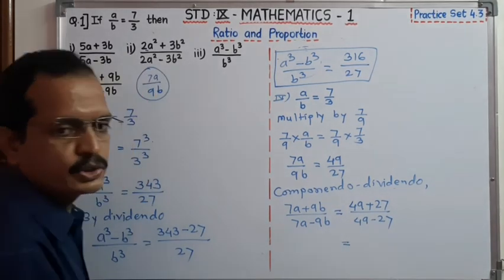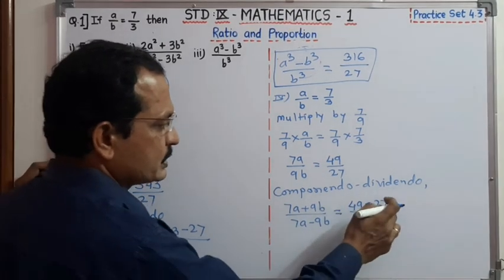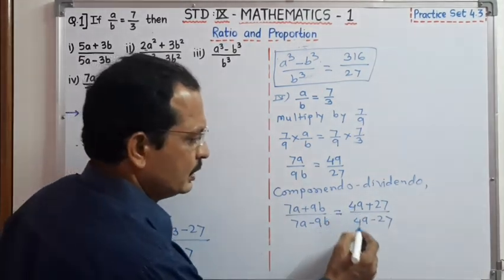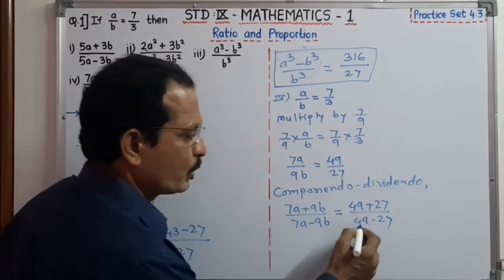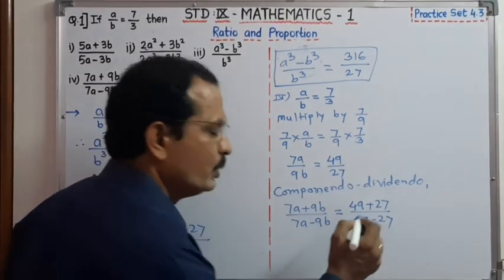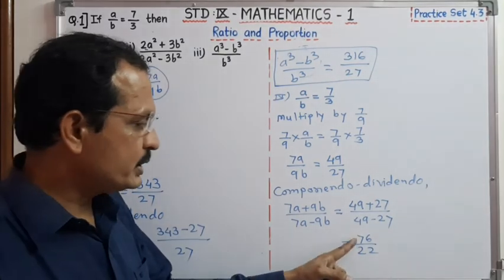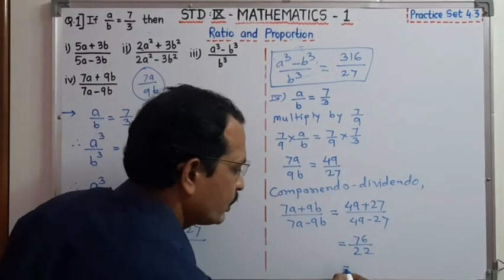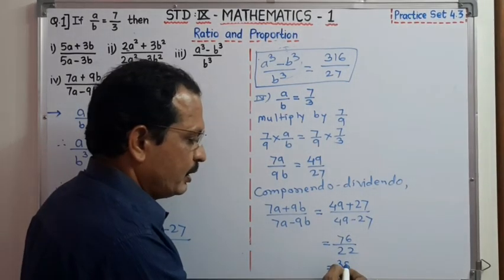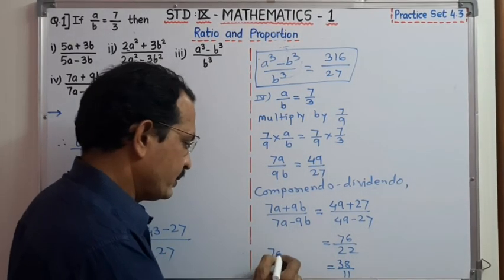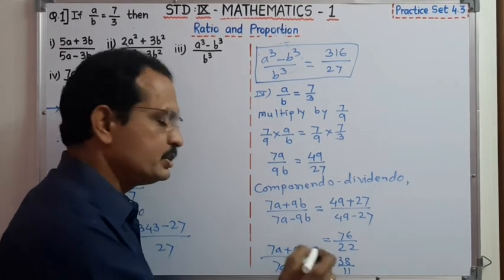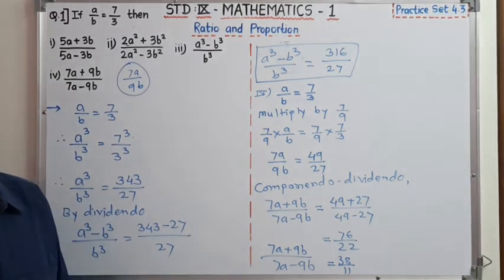Therefore, dear student, 49 plus 27 is 76 upon 49 minus 27, which is 22. And dear student, if we simplify this, then here we got 38 upon 11. Therefore, 7a plus 9b upon 7a minus 9b is equal to 38 upon 11.